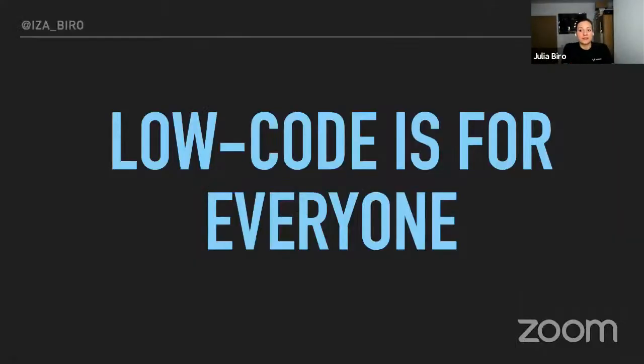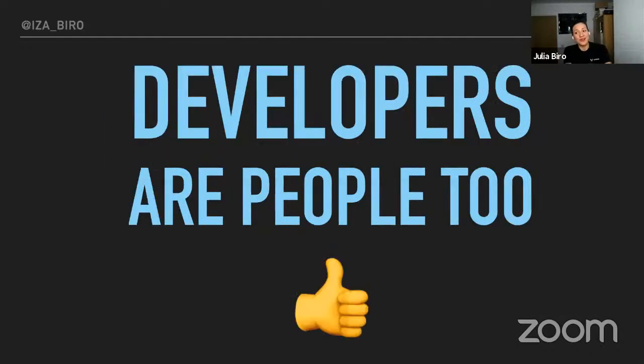And I believe that low-code truly is for everyone. And I don't mean that one low-code tool is for everyone, but there is a tool out there for everyone. We just need to find the one that is suitable for us. And developers are people too, so there must be something out there for us as well.